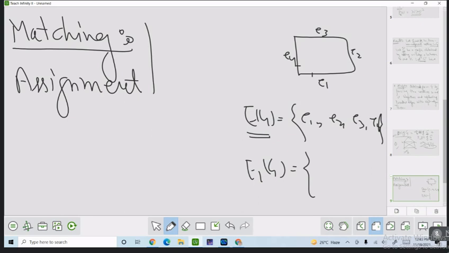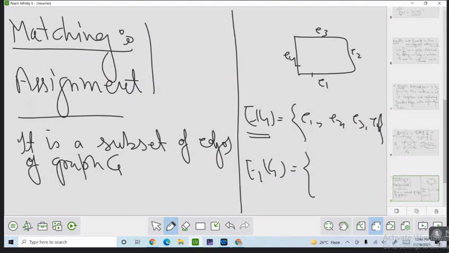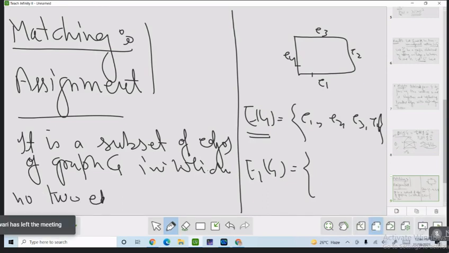Matching is a subset of edges of a graph G in which no two edges are adjacent. Clear? In which no two edges are adjacent.